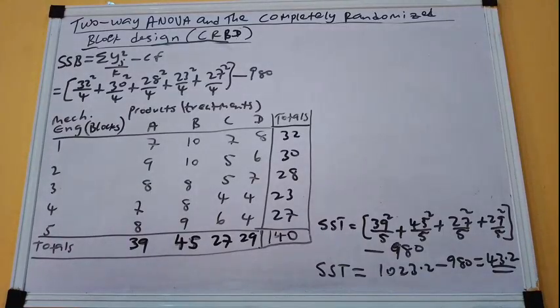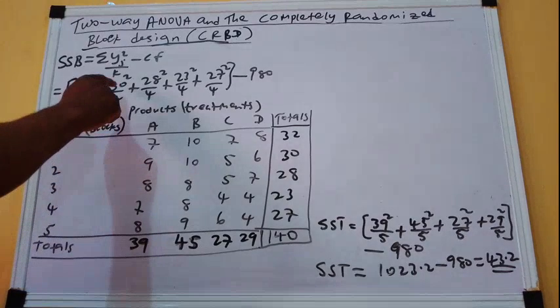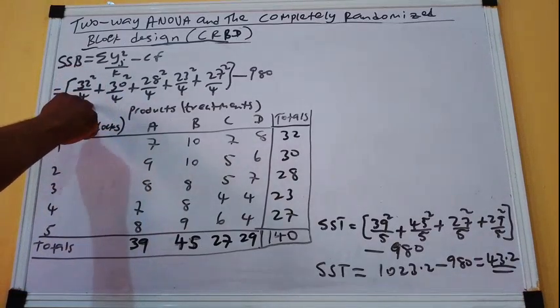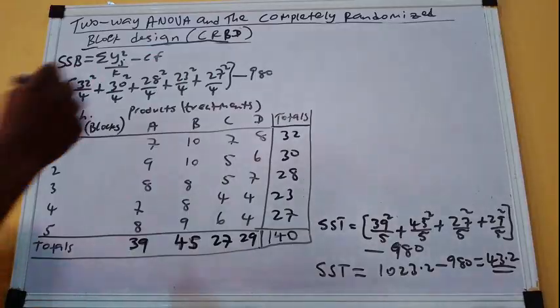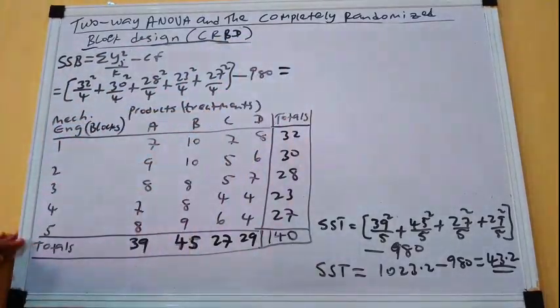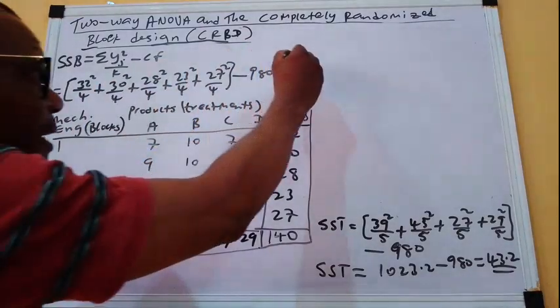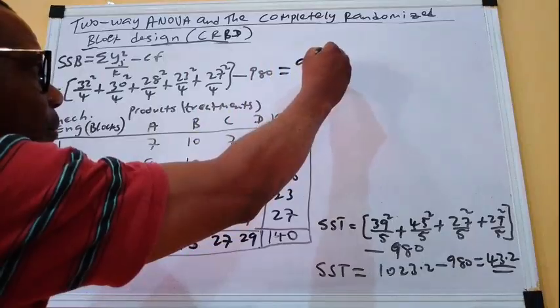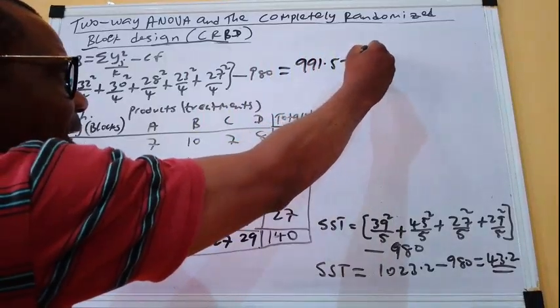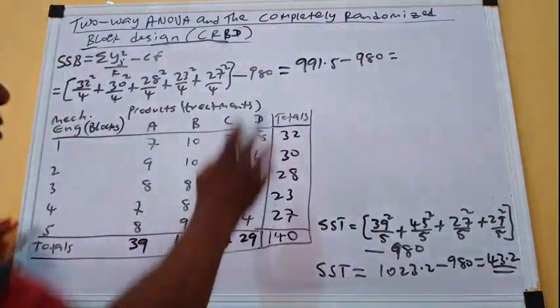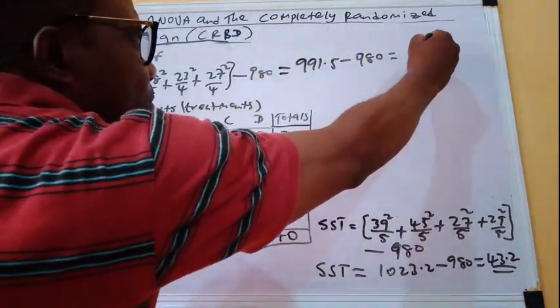So now, what you need to do is to get the sum where you square 32 divided by 4, you write them out, and you now add it. The sum of this part is going to be 991.5 minus 980, and that is going to give us 11.5.